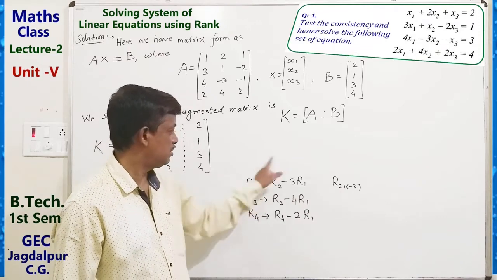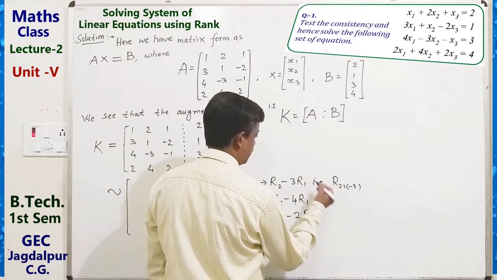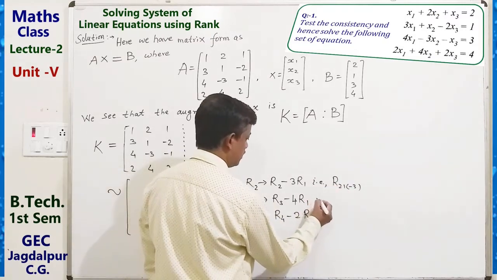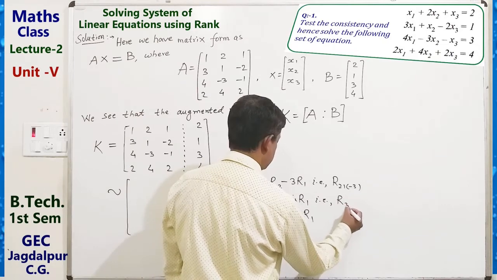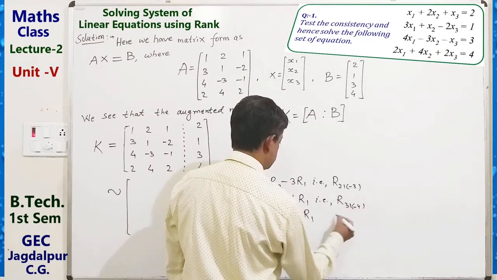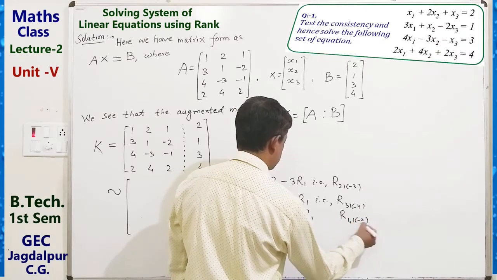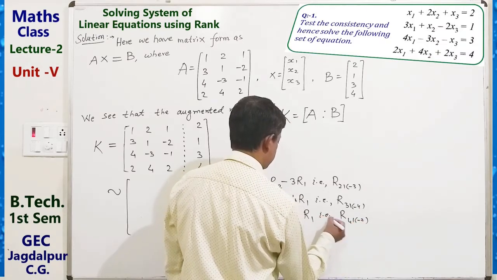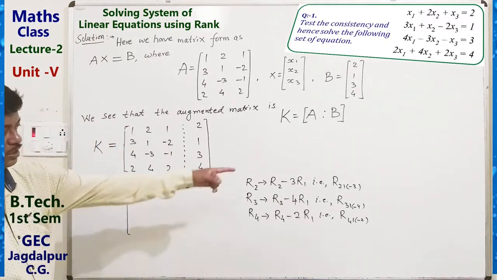Similarly, R3 (1, minus 4), R4 (1, minus 2). So further we will use short notation.